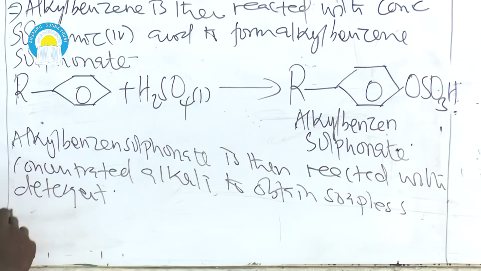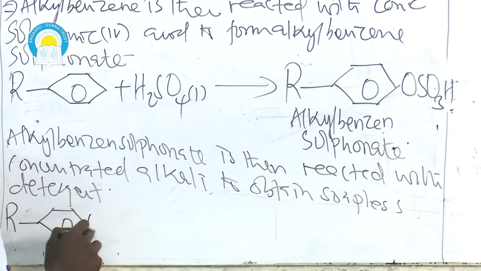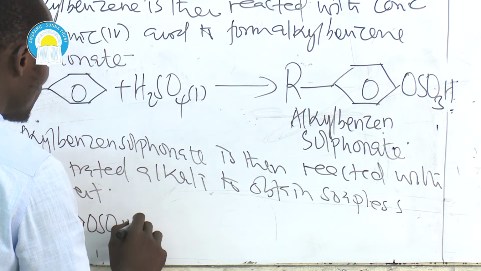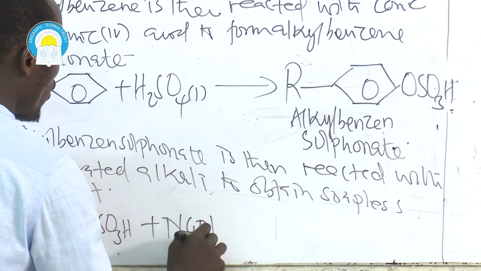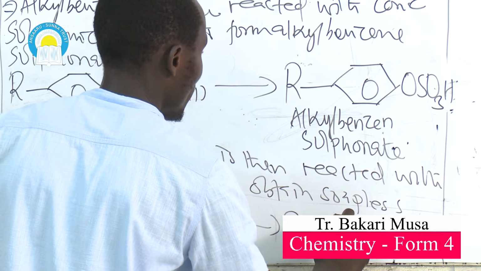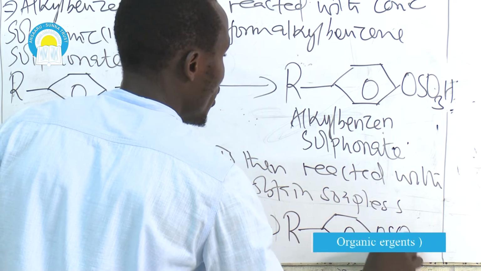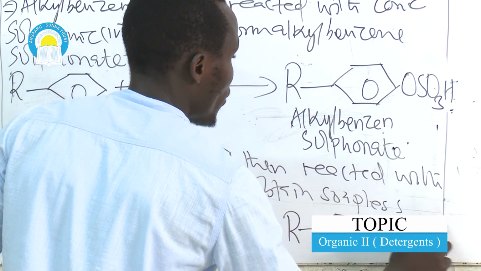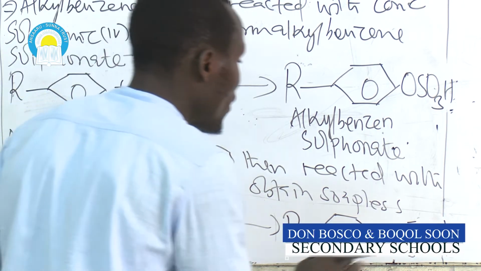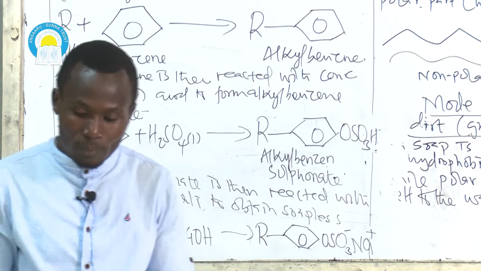So we are going to have OSO3H, and we are reacting it with OH, giving us ROSO3Na. This one here is positive, this is negative. So this is the product. This is the soapless detergent that we are going to have.